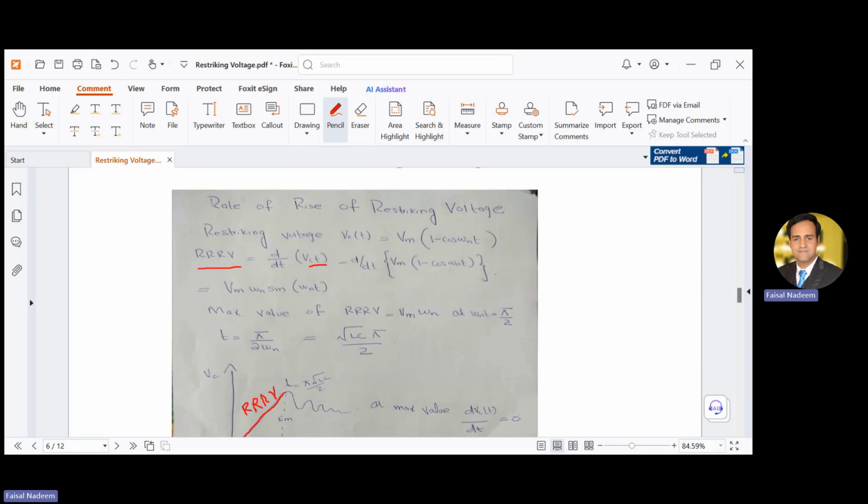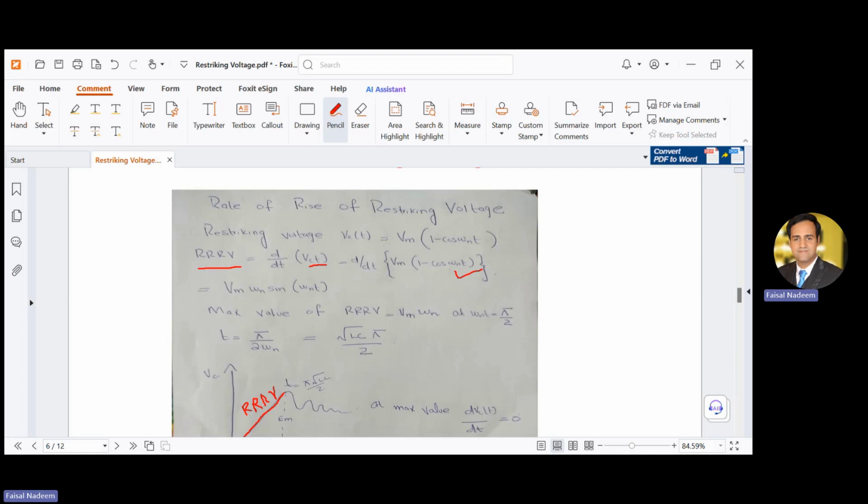So RRRV is the derivative of Vm(1 minus cos omega nt), and when we took its derivative, it becomes Vm omega n sine omega nt.